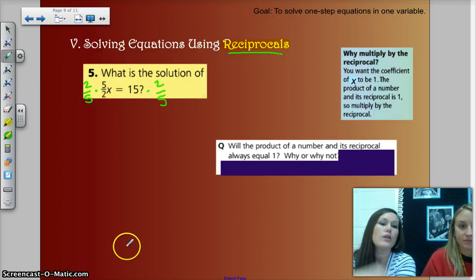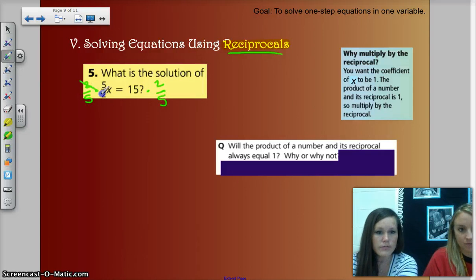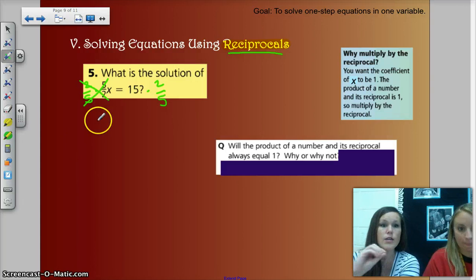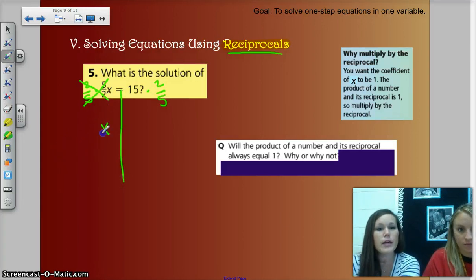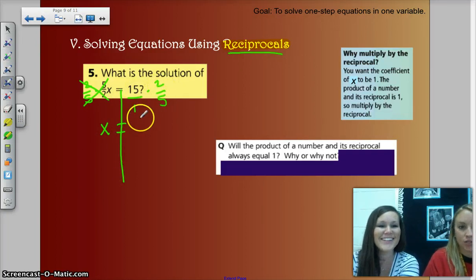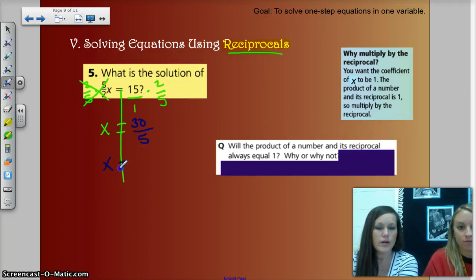Those 2's cancel diagonally, and those cancel diagonally. Ultimately, that's going to equal 10 over 10 x, which 10 over 10 is 1. Now we have x equals, and what's hidden under the 15 is a big fat 1. So 15 times 2 is 30, over 5, and reduce that down. Yes, you have to reduce. That would be 6.